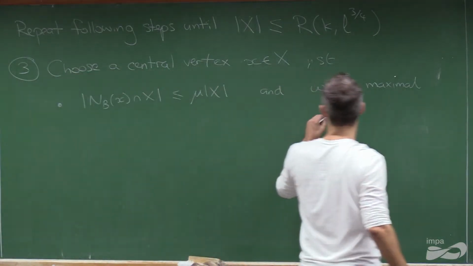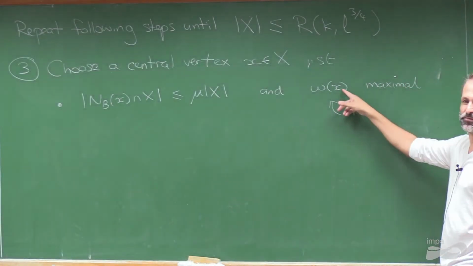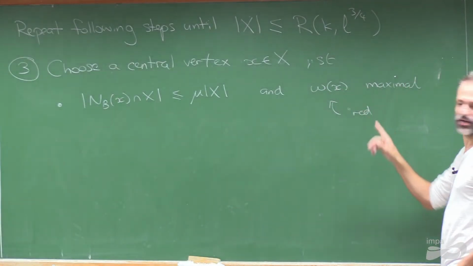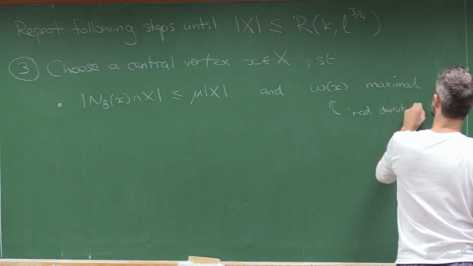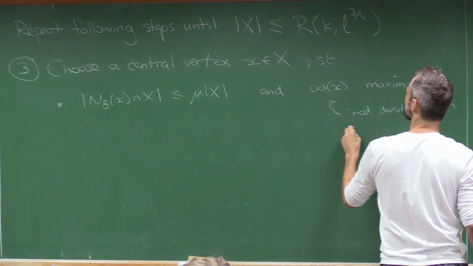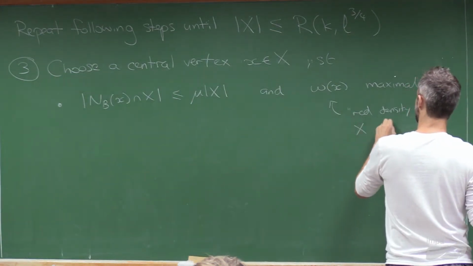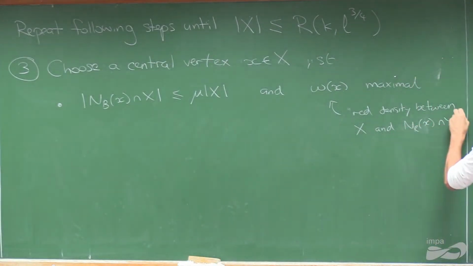So this is basically red. I'll define this more precisely afterwards when we check that things work. So red density between, what am I saying, x and the red neighborhood of x and y.